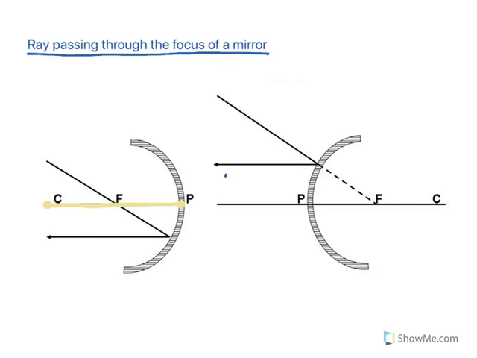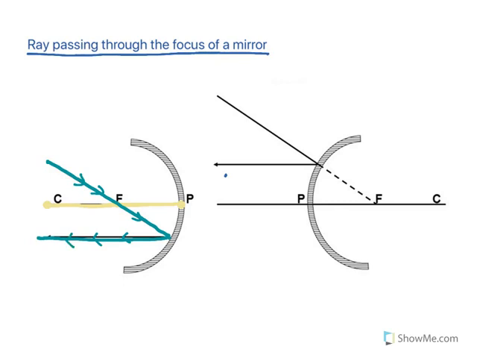And here, halfway, we have the focus. Now this ray is coming through the focus. After reflection, it goes parallel to the principal axis. So when it comes like this through the focus, after reflection it goes parallel.